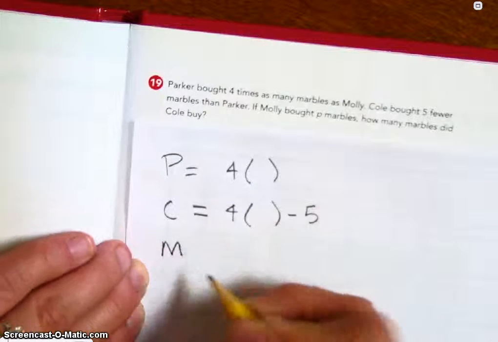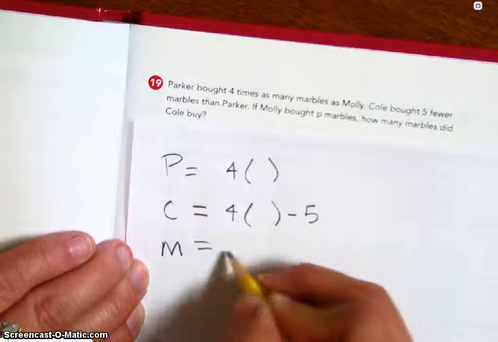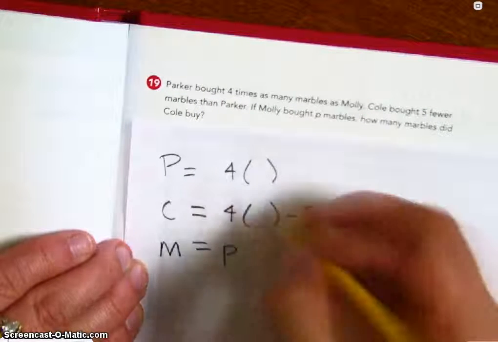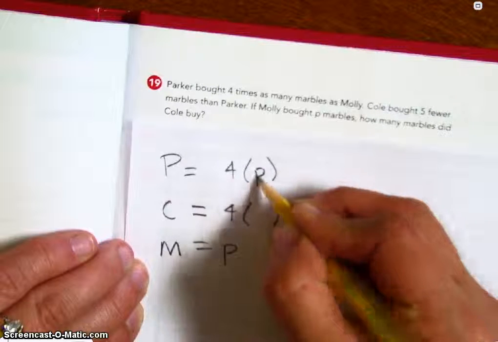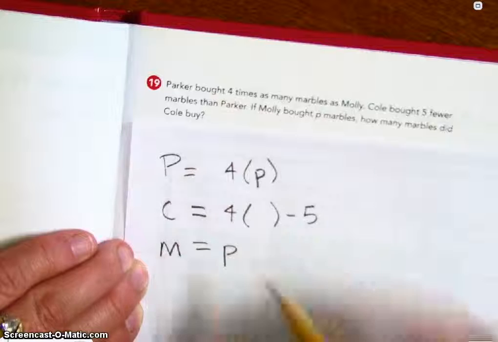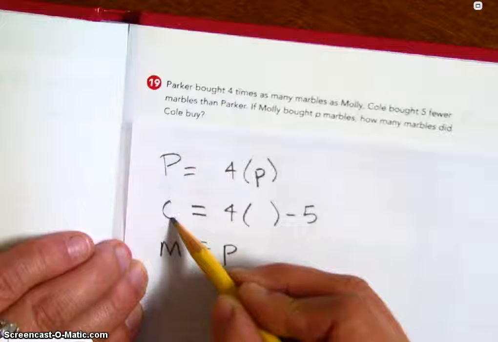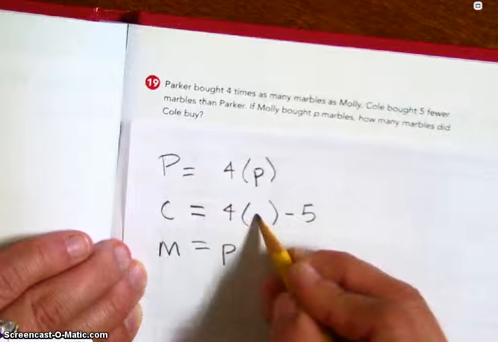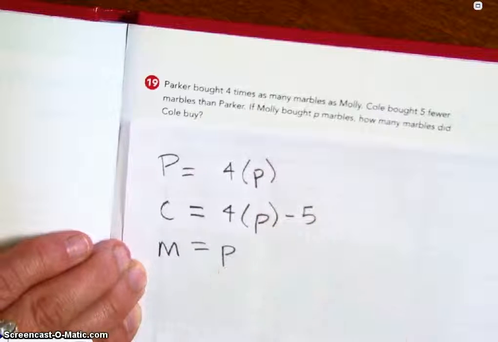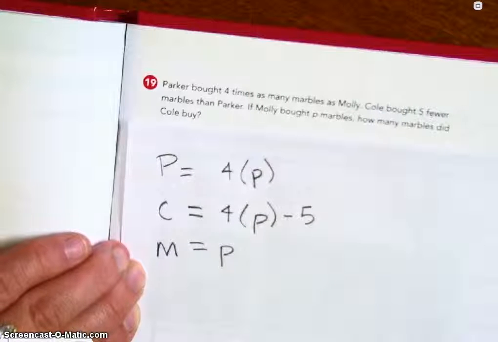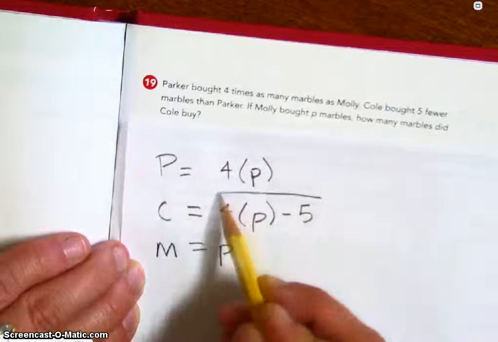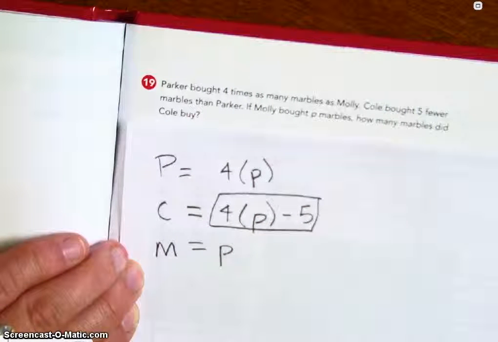Now Molly, it says bought P marbles. So now we know what this is. We're going to fill in P because it says Parker bought 4 times as many marbles as Molly, which is P, and Cole 4P because that's what Parker's was, 5 fewer, and Molly's was P. So that tells us now we can go and answer the question, how many marbles did Cole buy? This is your answer right here.